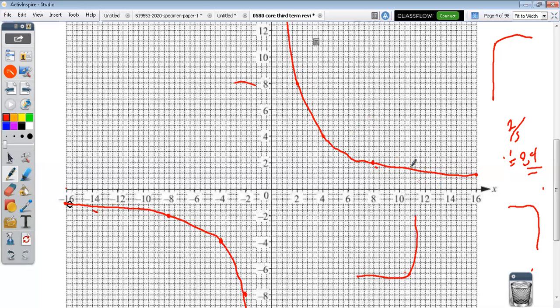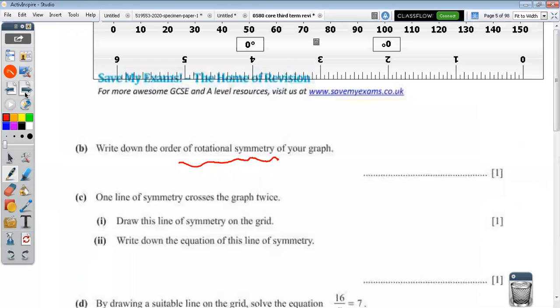Which is not like this. So it means it has a rotational order of 1 only. Clear? Because you have to turn it 360 for it to be exactly like this. I hope it's making sense now. So rotational order of 1.